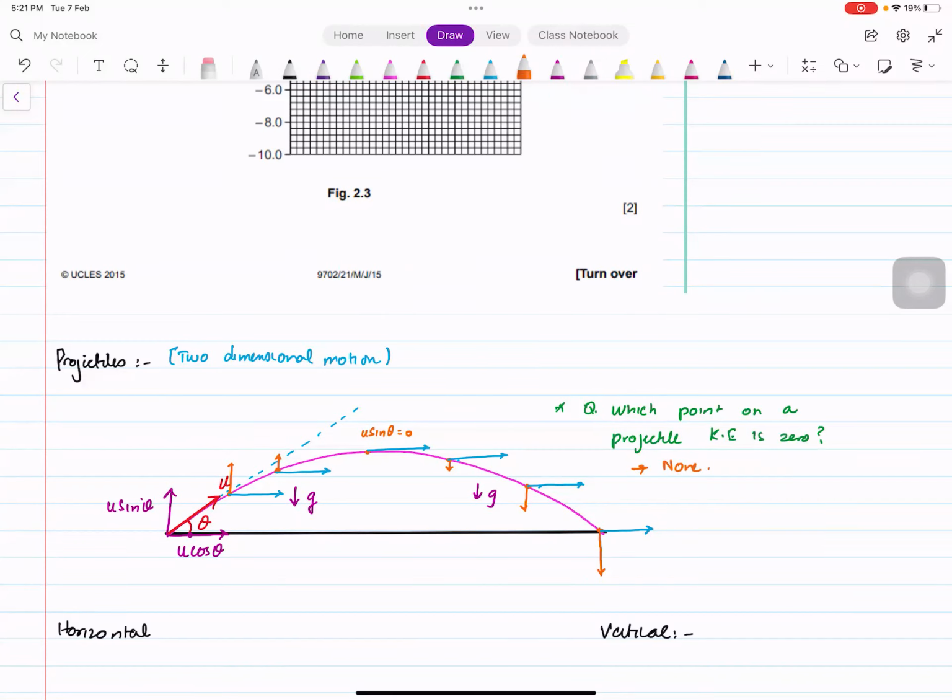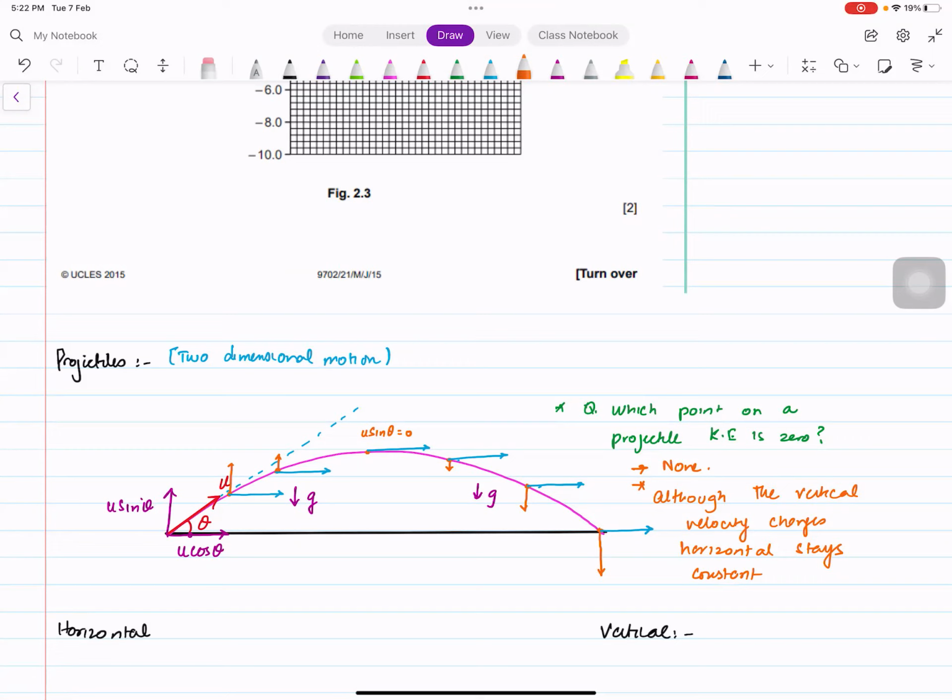Because the thing is that although the vertical velocity changes, horizontal stays constant. So you should always remember this and answer it like this because that's the truth. All right.